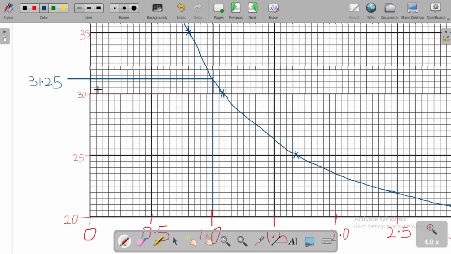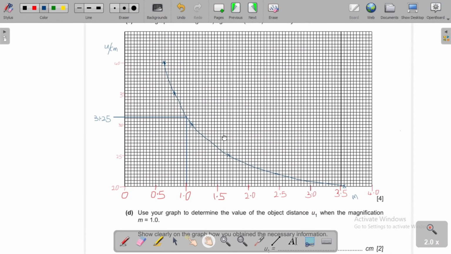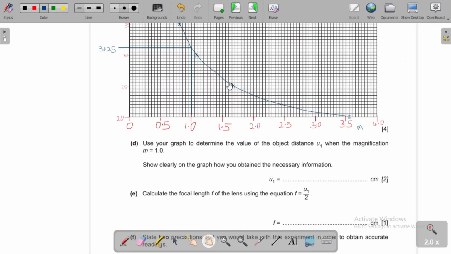So in between, you just have 0.25 in between 0.5. So that's how we got that answer. So we got 31.25. I'm going to write it there.